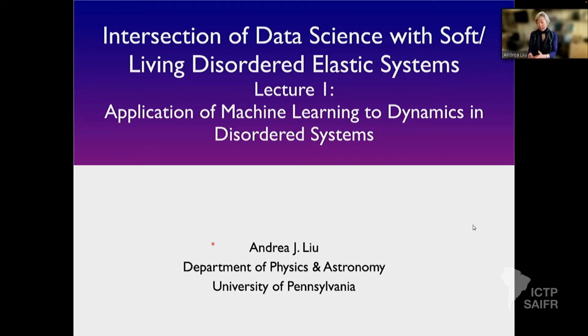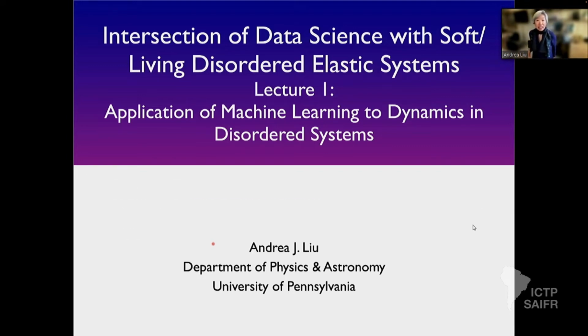Then the second one is using persistent homology to learn about function in networks. And then the third one will be about designing metamaterials and learning, using machine learning ideas to design metamaterials. So I'm switching what were listed as the second and third lectures.